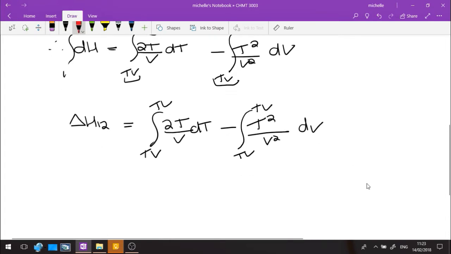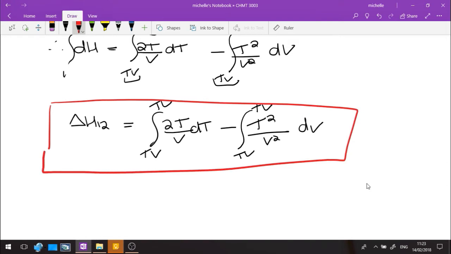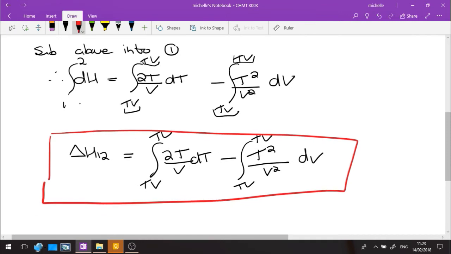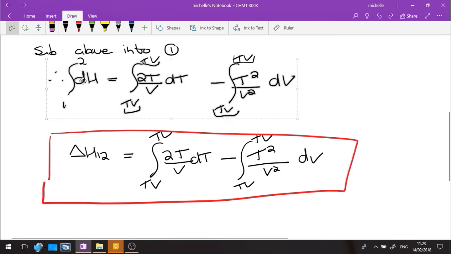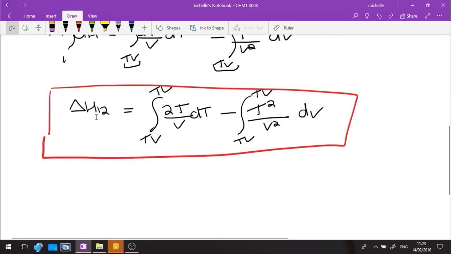But what is this equation here telling me? Let me just start again.